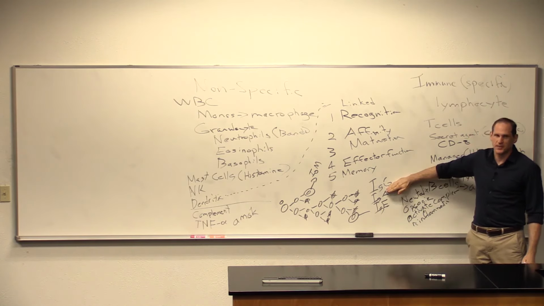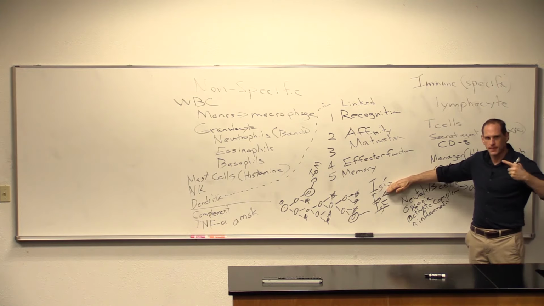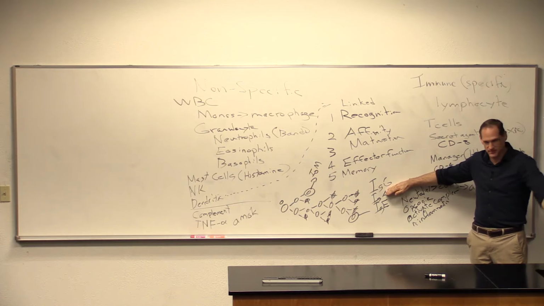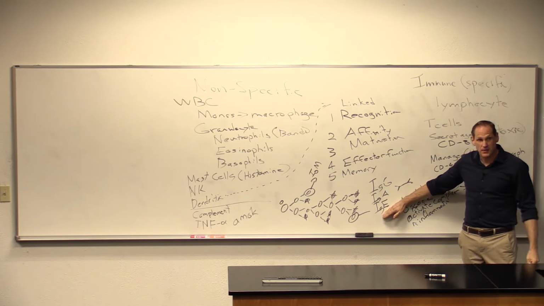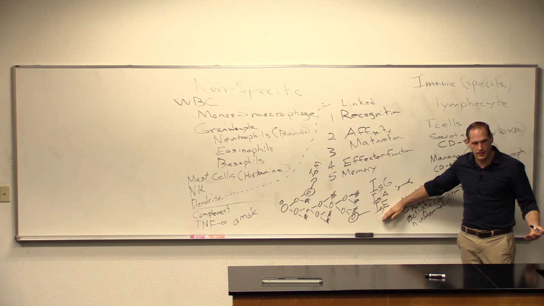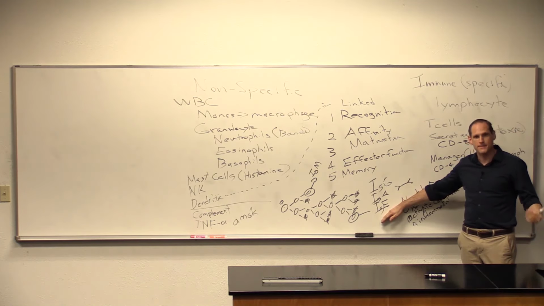So what's the purpose of IgG? Neutralize, opsonize, helps macrophages. Stimulated by what kind of helper cells? T helper 1 cells. IgE, really good at producing inflammation because it attaches to eosinophils and mast cells.